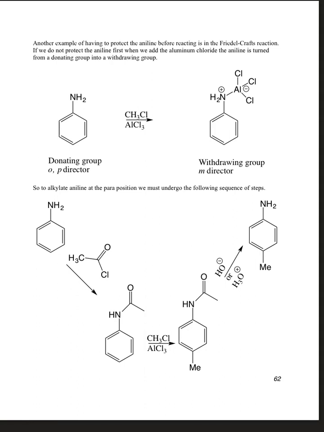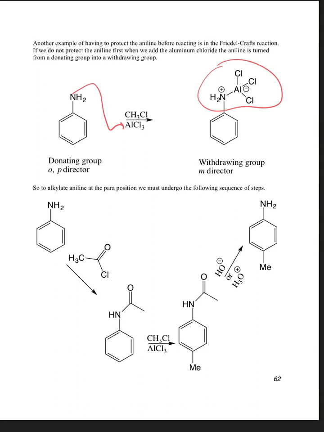If we tried to alkylate it, adding the aluminum chloride, the nitrogen reacts with the aluminum to form this group off of the aromatic ring, which has a positive charge on the atom right off of the ring. So we know that's going to be a withdrawing group. So that would react meta if it put anything on there. We can't put the methyl group on there.